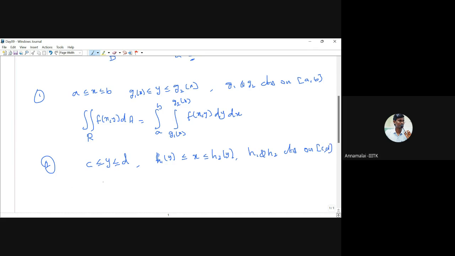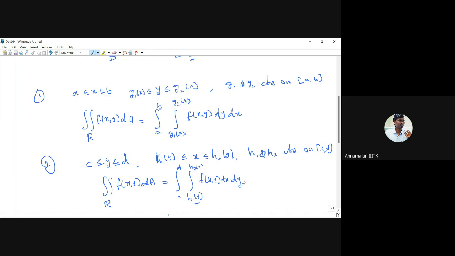Then the integral over the region R of f of x comma y dA is nothing but the integral from c to d, integral h1 of y to h2 of y, f of x comma y dx dy. This is the limit for x. So this is Fubini's theorem.